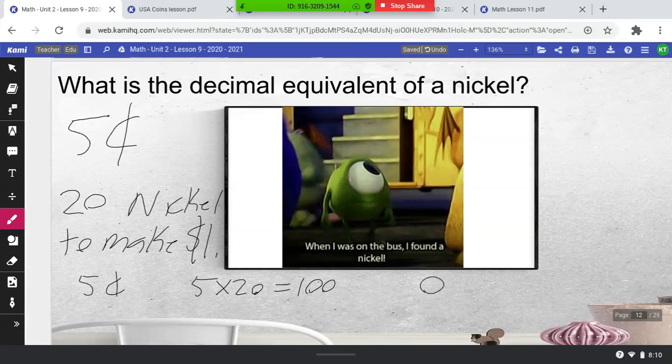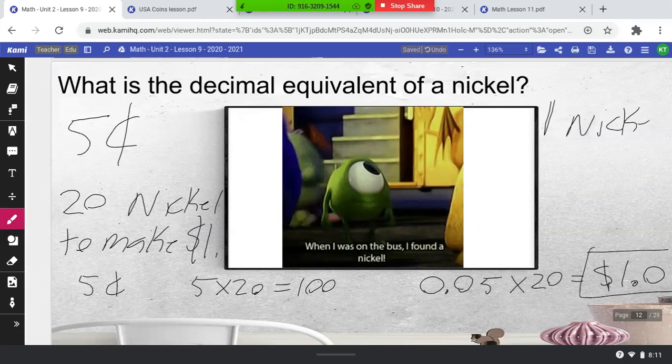So if I were to do that, it would equal $1. So one nickel, that's 1 out of 20. $0.05.